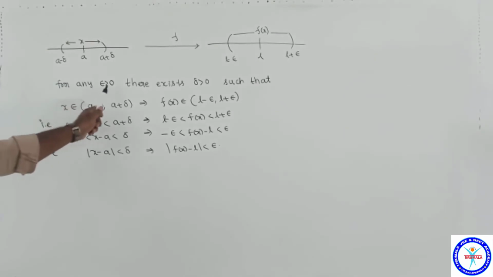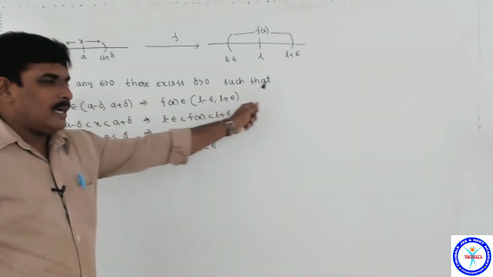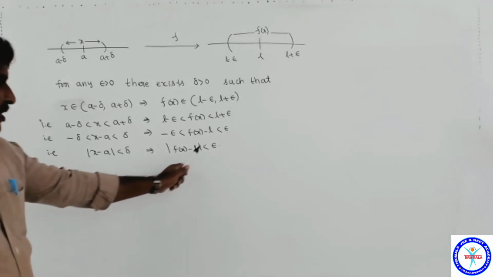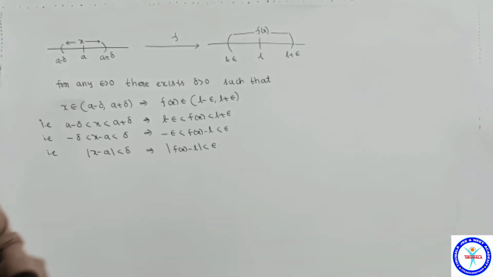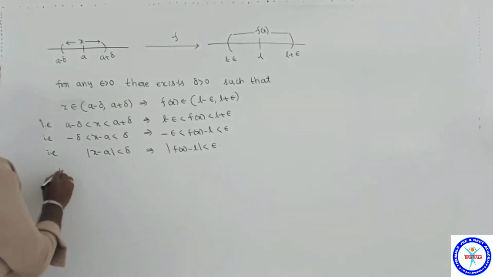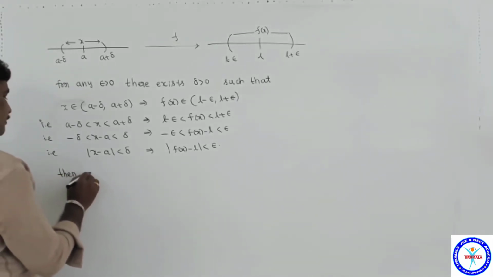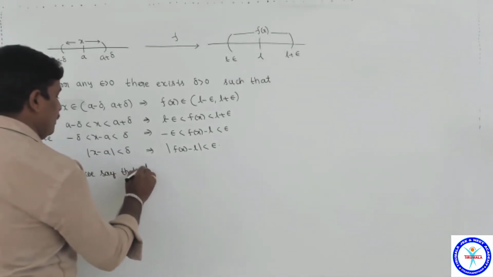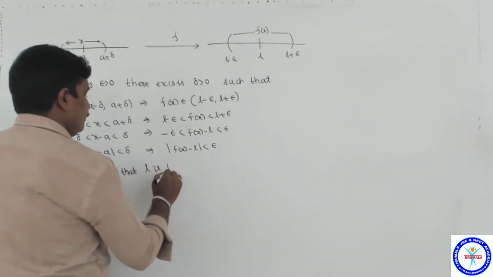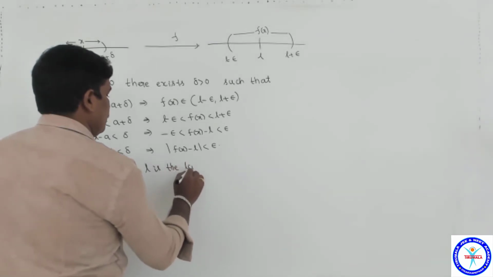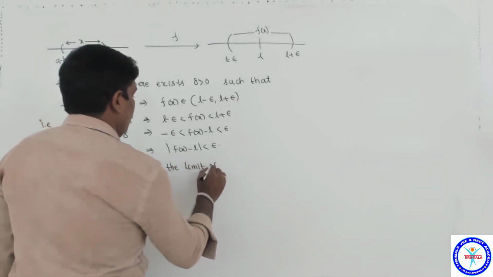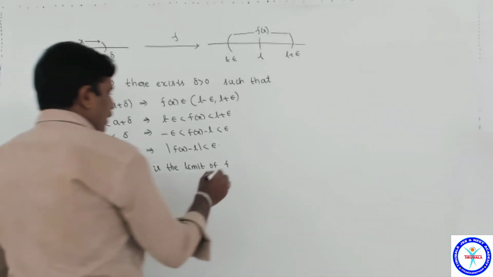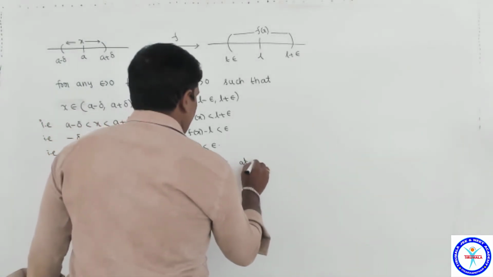So for any epsilon greater than 0, there is delta greater than 0 such that mod x minus a less than delta implies mod f of x minus L less than epsilon. Then we say that L is the limit of f at a.